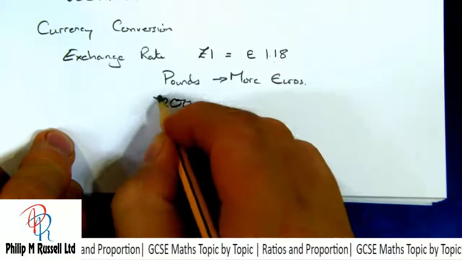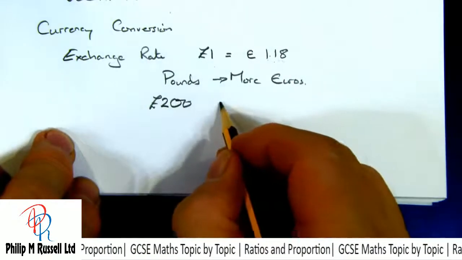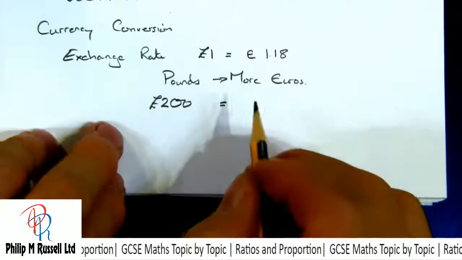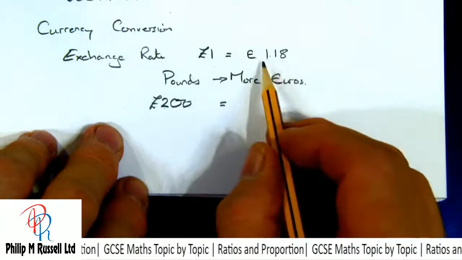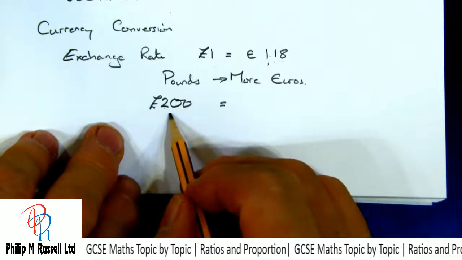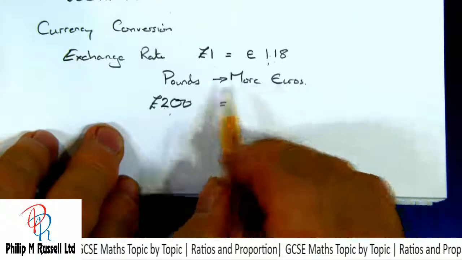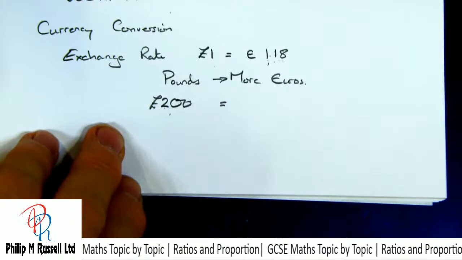So let's suppose we've got £200. How many euros is that going to be? Well, easy enough to do. We're just going to multiply this number here by 200. Now if you need to, you could use a calculator, and let's do that.